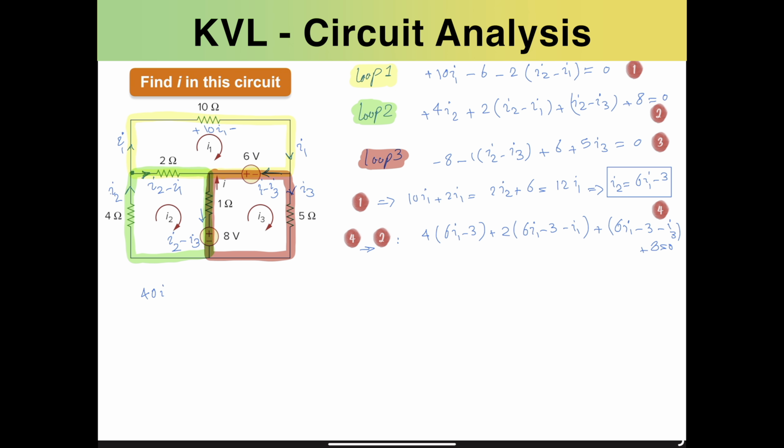So 40I1, then let's just cancel them out. We'll be left with I3, that we have only minus I3.